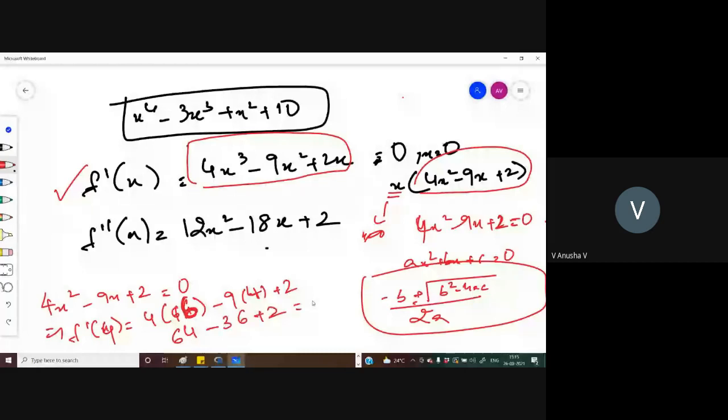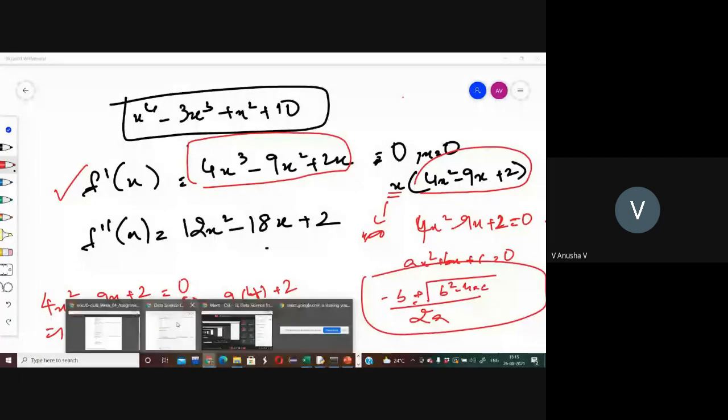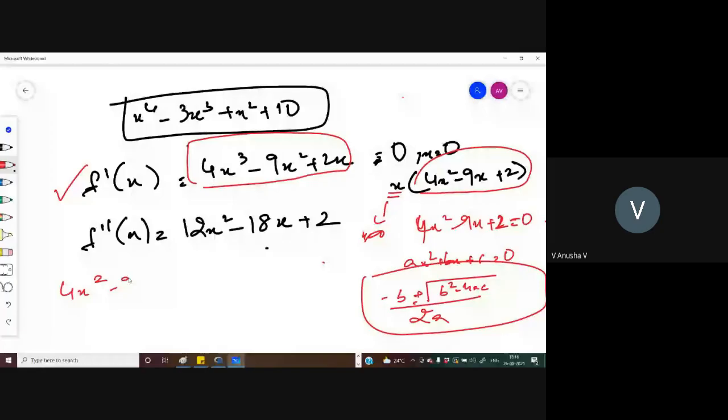But we are not getting 0. Wait a minute, somewhere I think I have gone wrong. It is 1 by 4, it is not 4. The options they have given here are for 4x^2 minus 9x plus 2 equals 0.